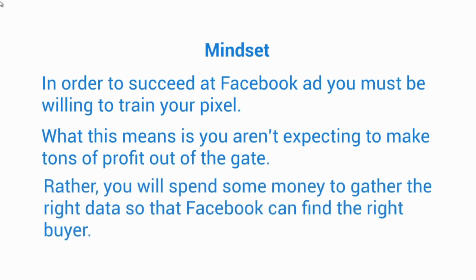Training a pixel basically means that you get traffic to your website where the pixel is located, and Facebook is able to figure out what kind of traffic is coming to your site, and of course, what kind of traffic is buying your product. So, who is considered a lead and all of that.